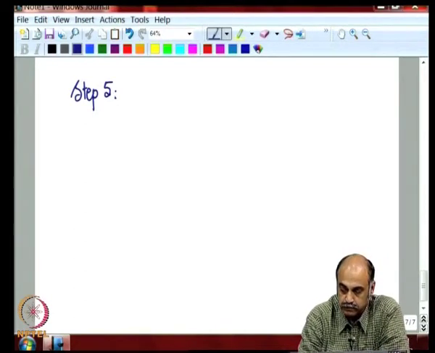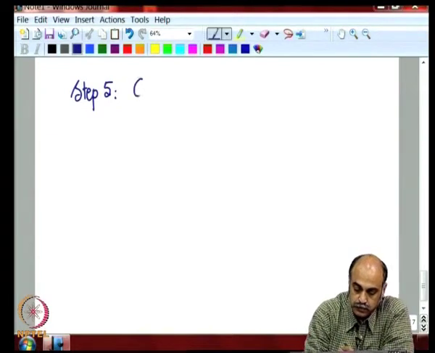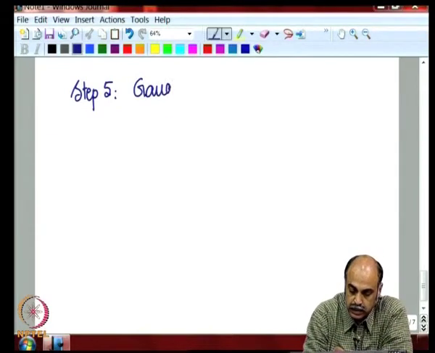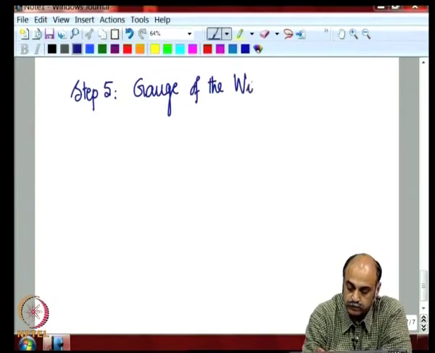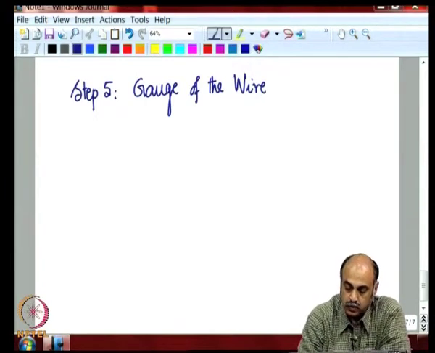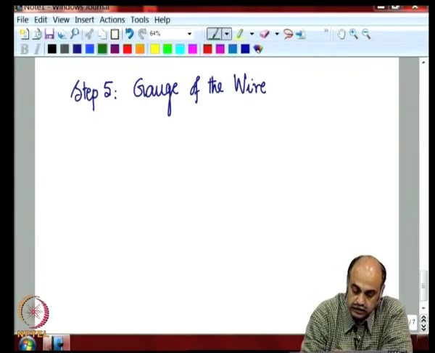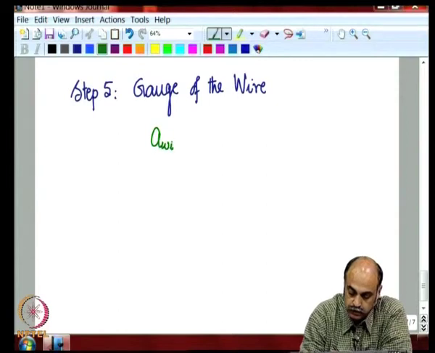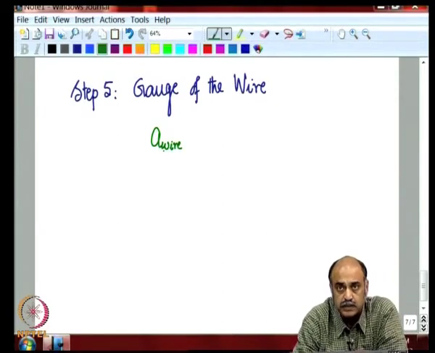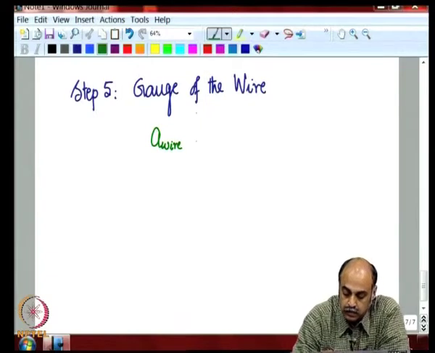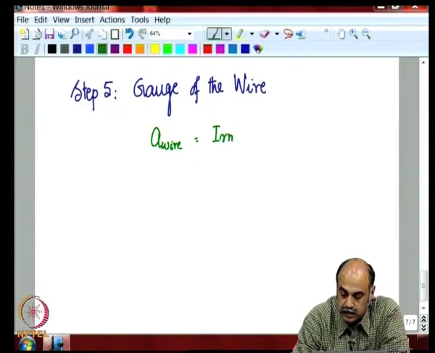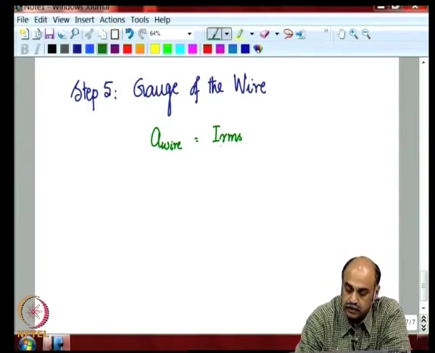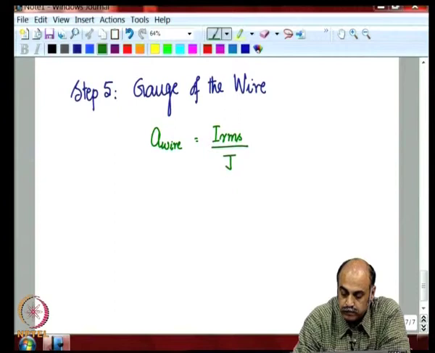Now, step 5, you need to find out the gauge of the copper wire. You recall that in the last class, we discussed the cross section of the wire, which is equal to the IRMS current flowing through the wire divided by the permissible current density in amp per meter square.